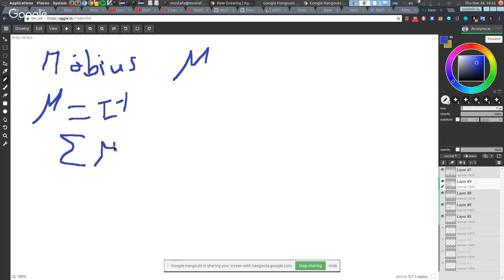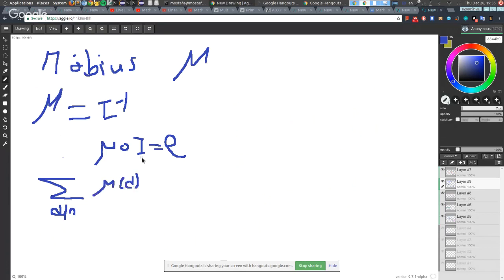It means that mu convolved with I is equal to E, which means that the summation over the divisors d of n of mu of d times I of n over d, as we know that I is equal to 1, so I'll not write it, is equal to E of n. So there is a formula that I use for computing the inverse, and we can plug it in here, or I'll just derive it here for how to compute the mu.